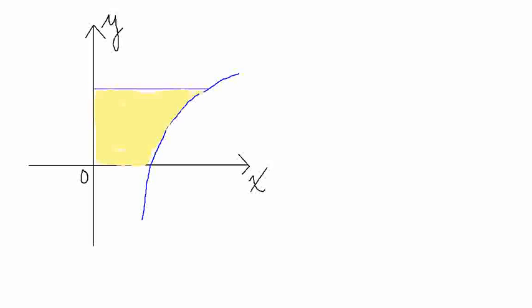Suppose you wanted to find the area of the yellow region, okay? And can you see that if you found that area using vertical rectangles, you would have to break up the area into two pieces?